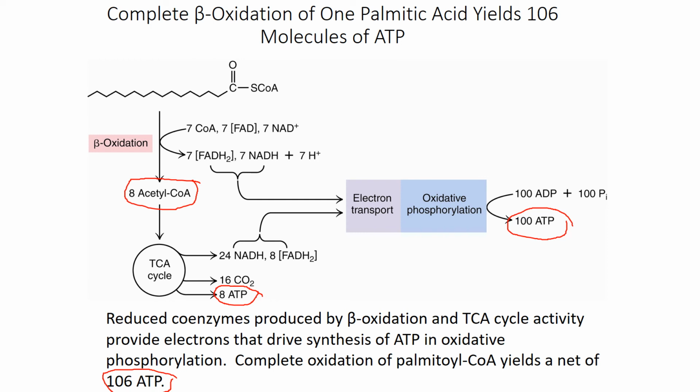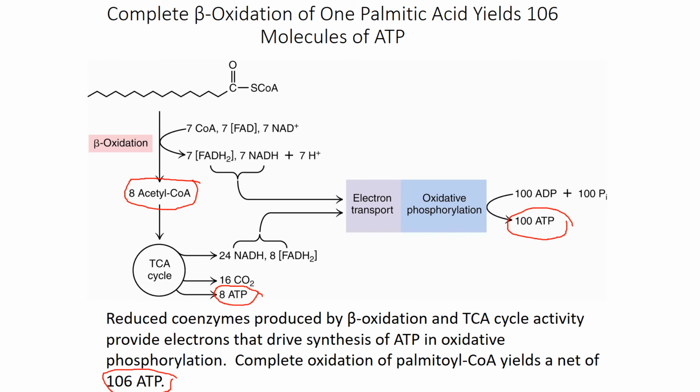So this makes fatty acids the fuel of choice for birds that undergo migration and animals that also hibernate. And we'll look at, well, actually, we already looked at polar bears. So very important energy molecule as well.